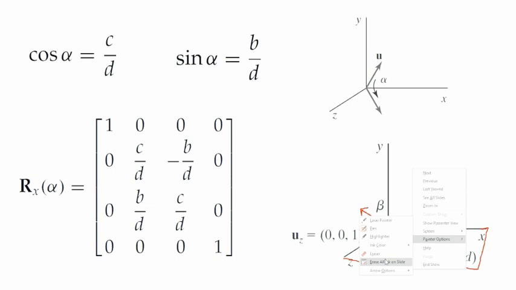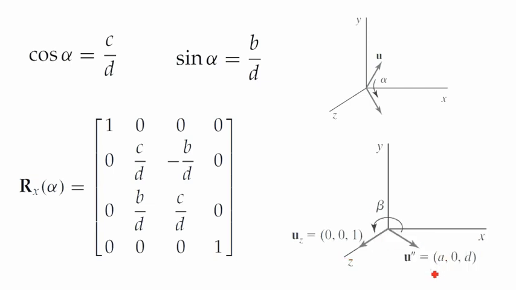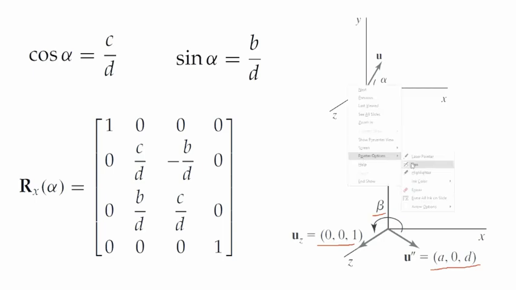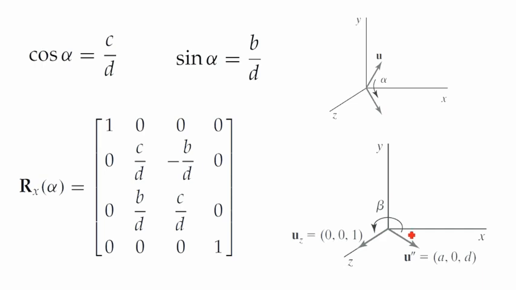So I have my u double dash as a comma 0 comma d, and then I have my vector 0 comma 0 comma 1, which is the unit vector along z-axis. Let us say that the angle between them is called beta. I'll have to find out cos beta and sin beta, just like earlier, using dot product and cross product between u double dash and uz.